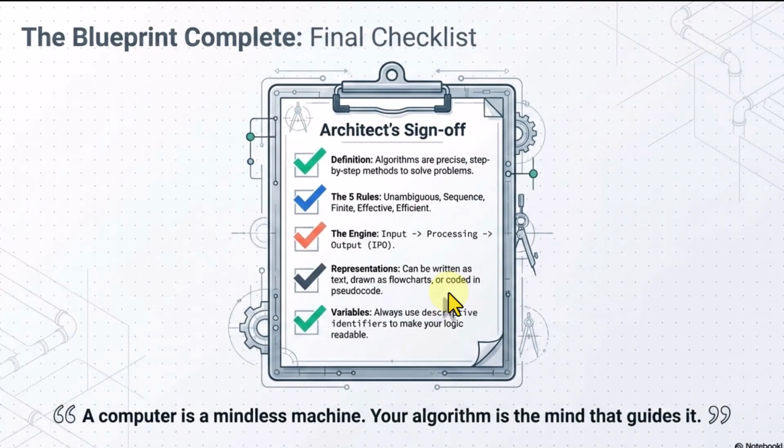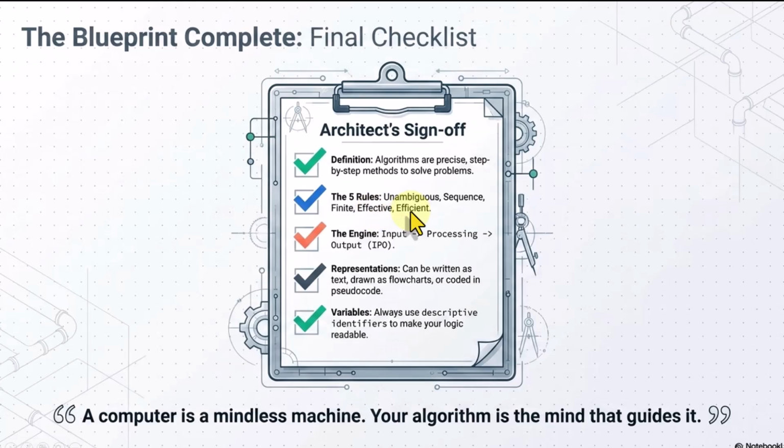Then the blueprint complete. Okay, final checklist. So you have the definition. Algorithms are precise step-by-step methods to solve problems. The 5 rules: it has to be unambiguous, it has to have the correct sequence, it should be finite, it should be effective, it should generate correct output every time, and it has to be efficient.